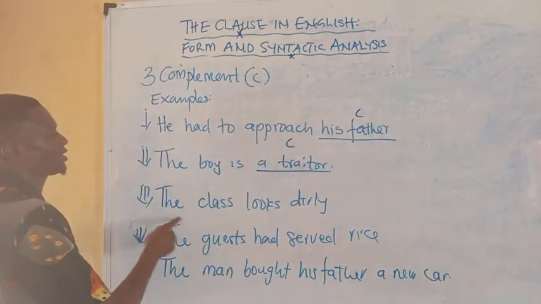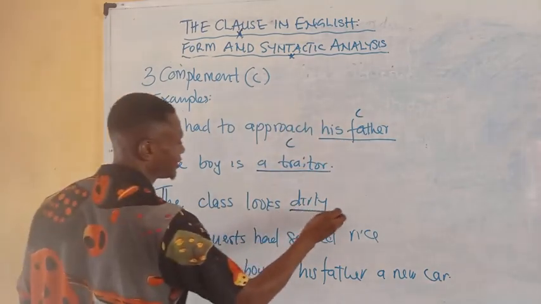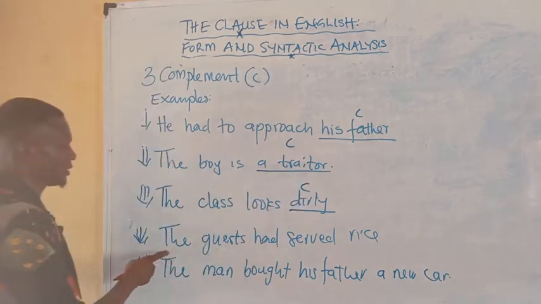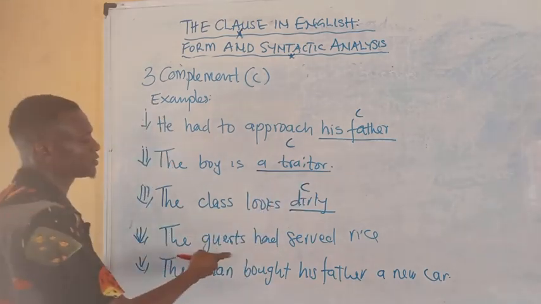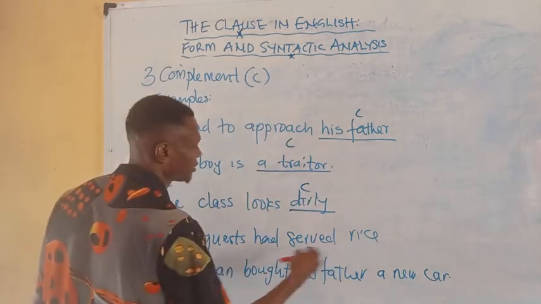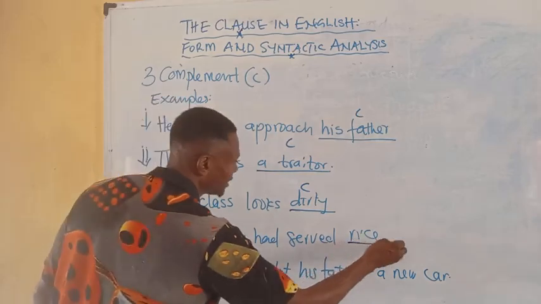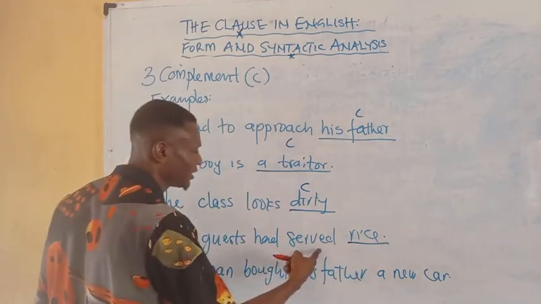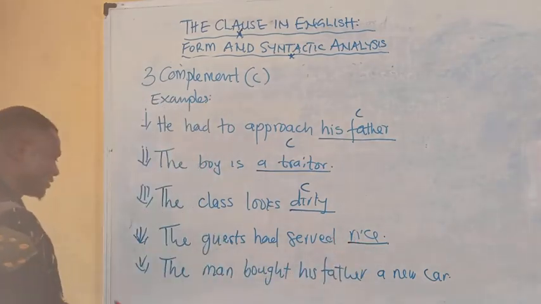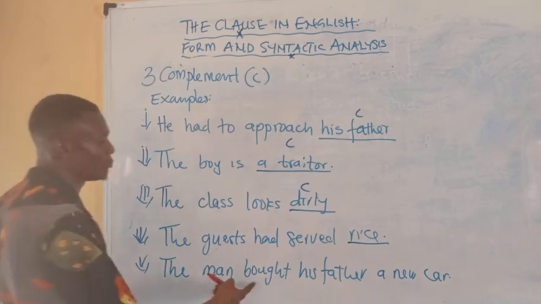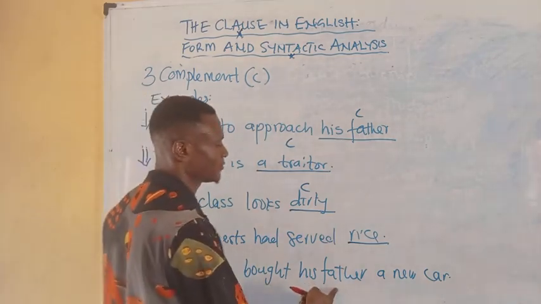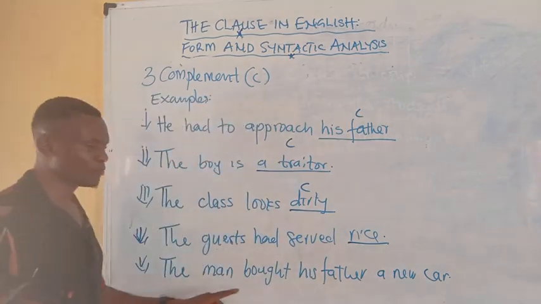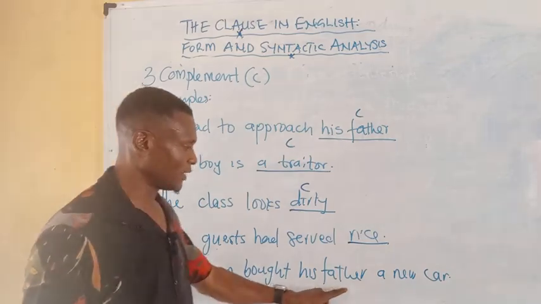Then here, the class looks dirty. That is the complement. Then the next one here, the guests have saved rice. The last one, the man bought his wife a new car.